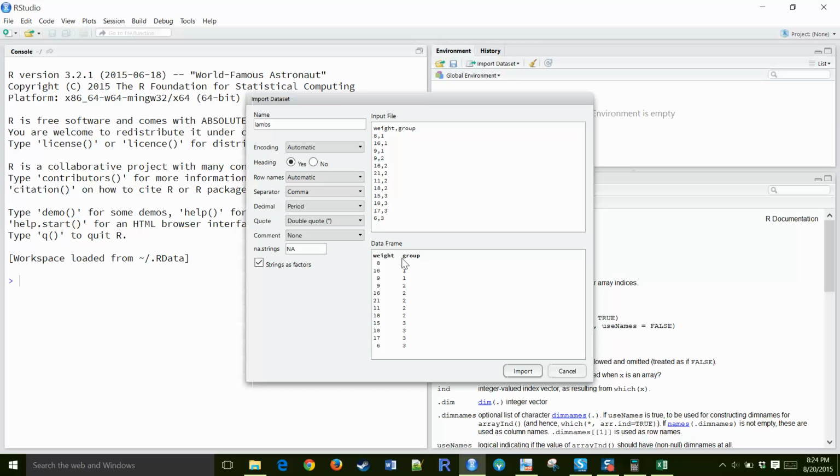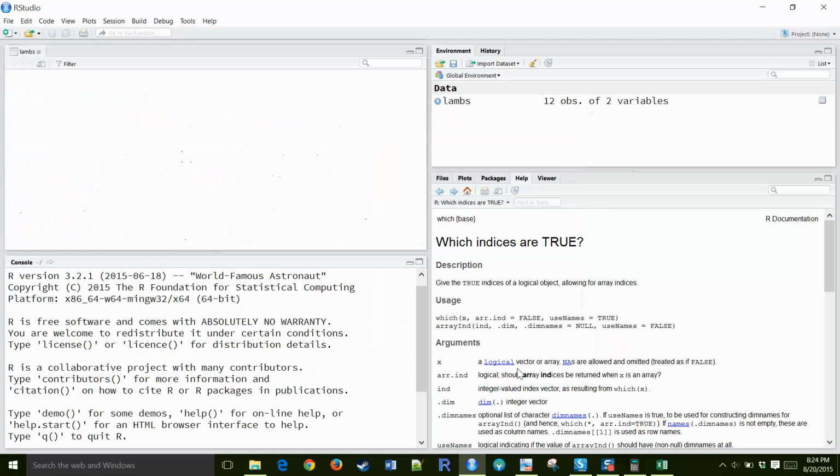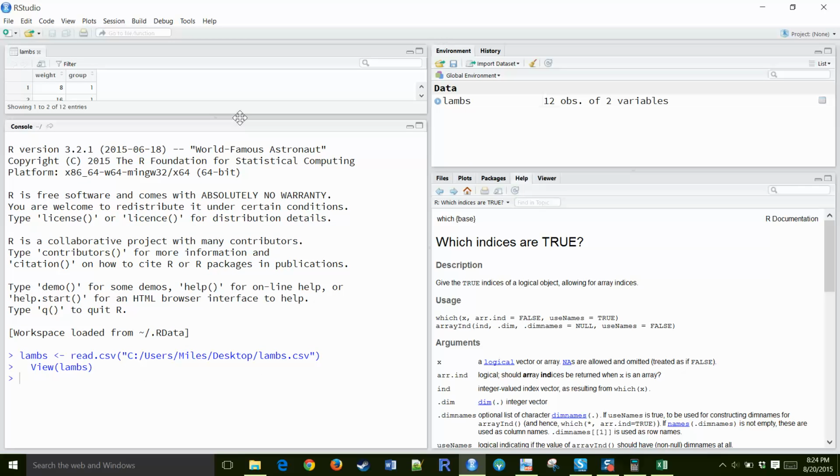Now, I should have shown it to you what it was before. But str is giving me the structure of lambs, and you can see weight is an integer, and now that I said as.factor, it says group is a factor with 3 levels, 1, 2, and 3.